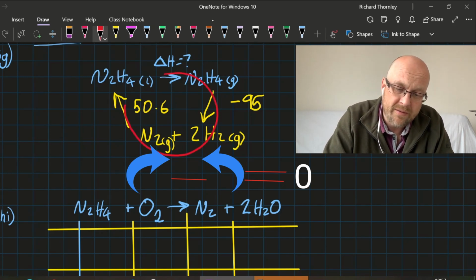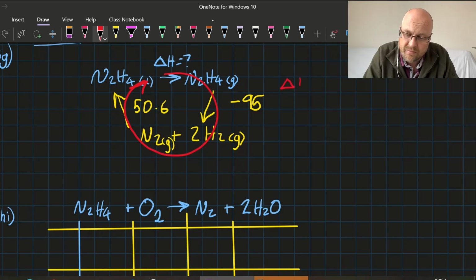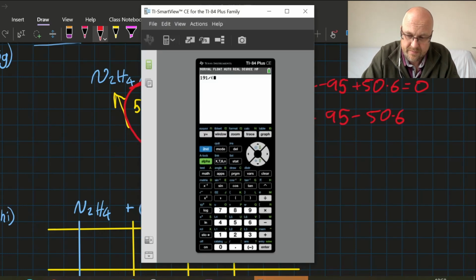So following that adds up to 0, I've got my delta H, the unknown one, plus minus the 95, plus 50.6 is 0. So that gives me delta H is 95 minus 50.6. Oh, lazy. I'll do it on a calculator.